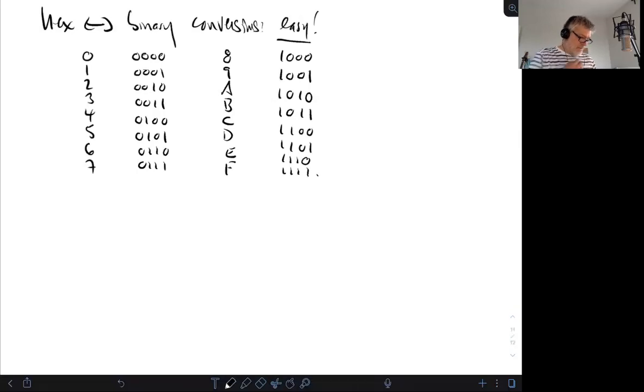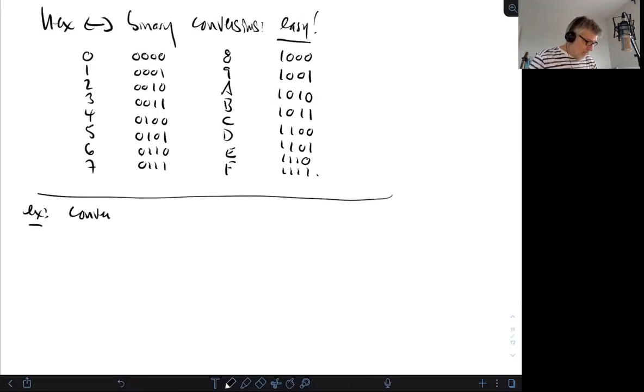Sorry, it's a bit difficult to line up. But you see that the 16 hex digits correspond exactly to everything you can write down on 4 bits. Okay, so that's the trick. Just like in octal, but rather than 3 bits, it's 4 bits.